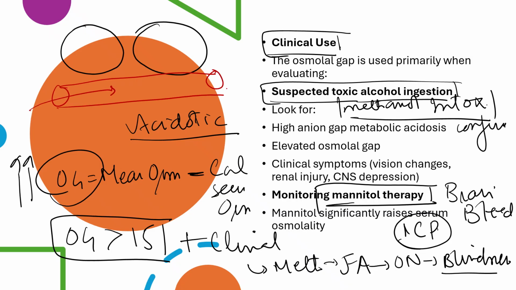You are giving mannitol therapy that will increase extracellular fluid osmolality. So water will move from low solute to high solute concentration, from the brain cell towards the interstitial fluid, towards the plasma, and that will decrease the swelling of the brain cell. So that's how it is helpful in brain bleed patients who have high intracranial pressure and brain swelling. So these are a couple of clinical examples.